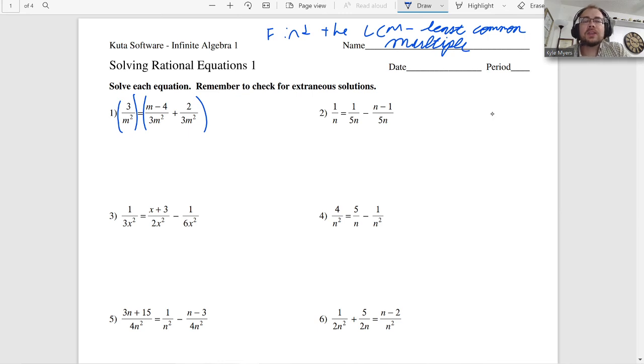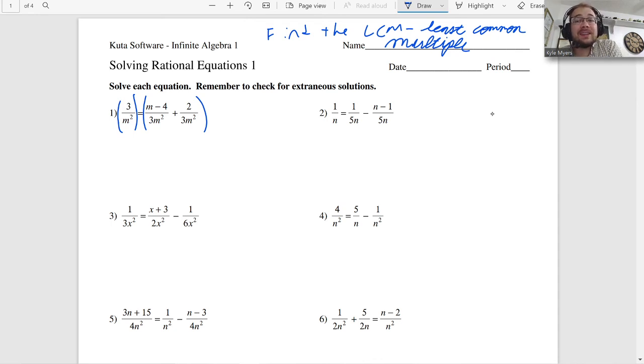The least common multiple is the magic number or expression that you can multiply on both sides and get rid of all the fractions all at once. Sometimes it's not easy to find that thing. Sometimes it is. In this case, the least common multiple for number 1 is 3m squared.